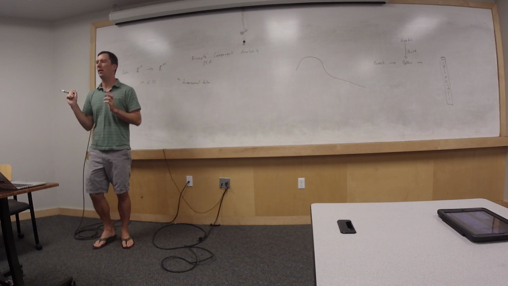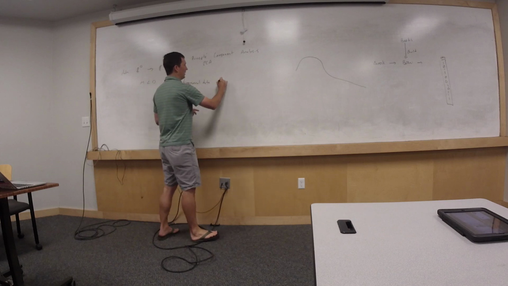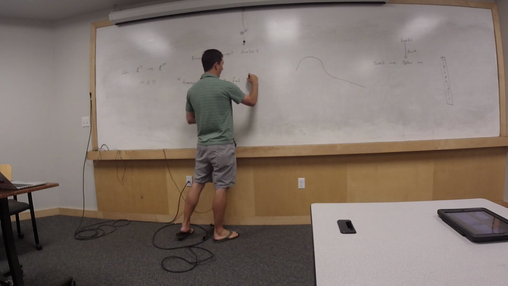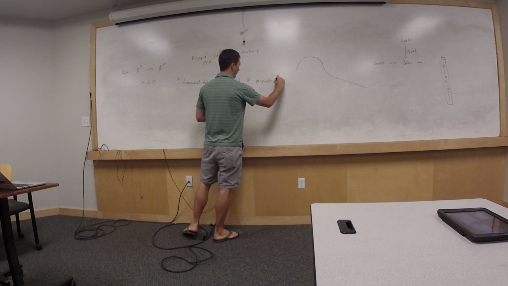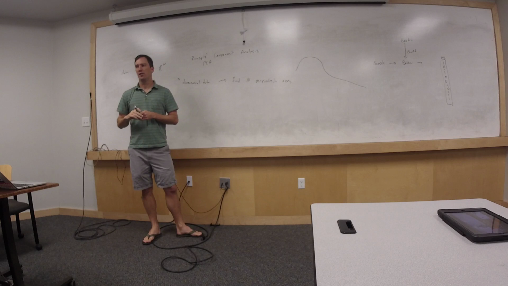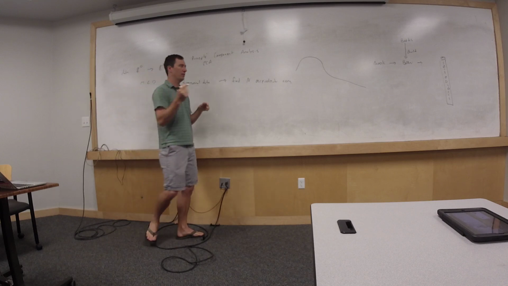So I have n-dimensional data, and basically what I'm trying to do is I want to find n perpendicular axes here, such that the points vary the most on the first axis, the next most on the second axis, the next most on the third axis, and so on.